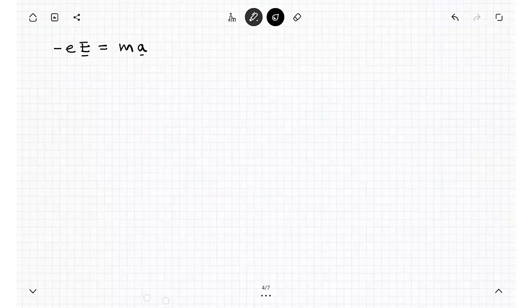So we can clear the electric field and we can write something like this.